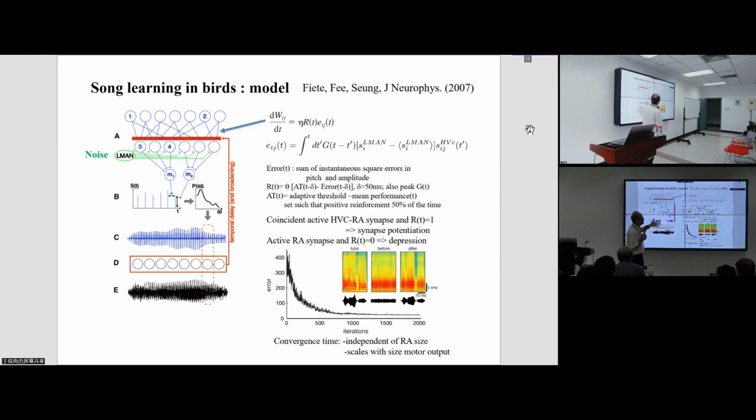And with this kind of algorithm, they could show that, in fact, they learn quite well. This is the tutor song, this is before and then after. Here you have a pattern generator, and what this layer does is to increase both the amplitude and the local frequency of this firing.